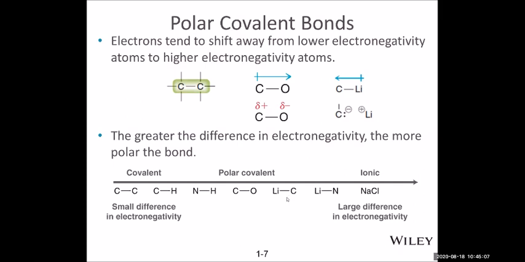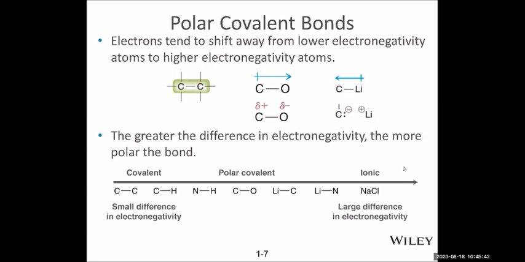The difference in electronegativity causes a difference in bond polarity. So basically here is a scale for the most common bonds that we see in everyday organic chemistry. Start from the purely covalent carbon-carbon bond, progress to the more polar carbon-oxygen, nitrogen-hydrogen bonds, and lithium-carbon bond, and so forth, until the difference between the two atoms is so big that electrons are transferred.